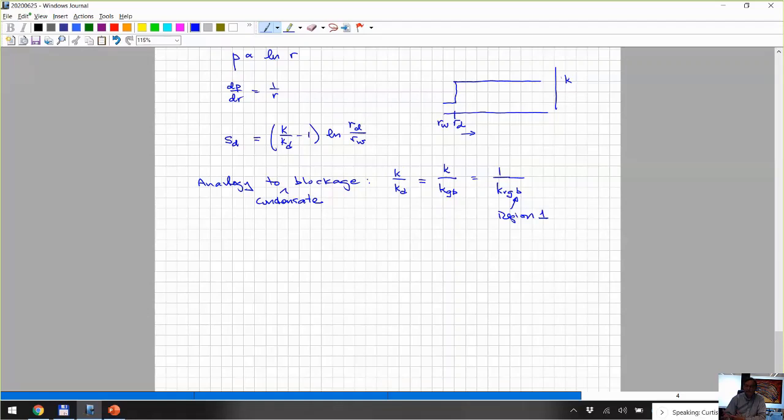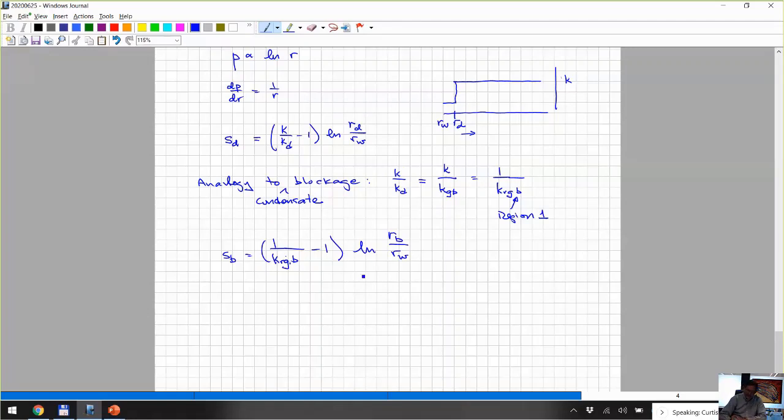We go to the rel perm curve and we find the KRG. So the blockage equivalent is 1 over KRG in the blockage region, region 1, minus 1. And then the extent of that blockage region, which people asked about, I've refused to tell you how far out it goes. Okay?